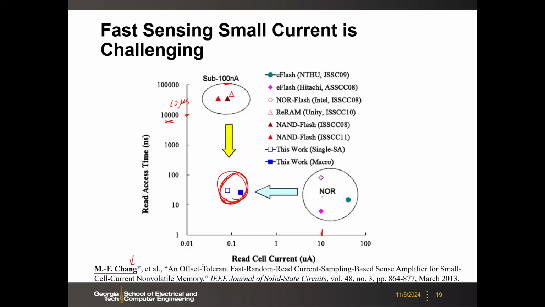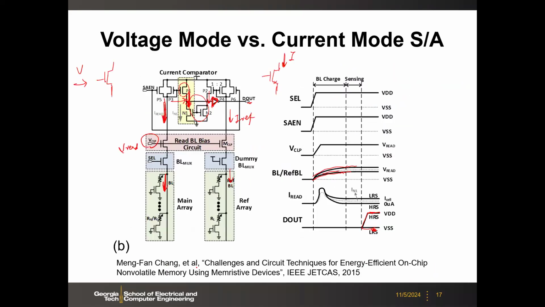And also one of the key challenges in all the sense amplifier design is to address this offset. So what is offset? Offset is in the sense amplifier, because you have typically a differential pair, right? No matter it's voltage mode or current mode, the transistor mismatch, the VTH variation, for example, then we'll have some built-in bias to the sense amplifier, right?